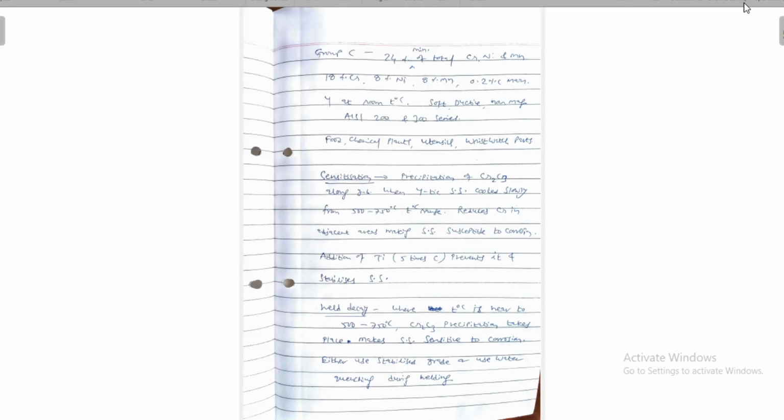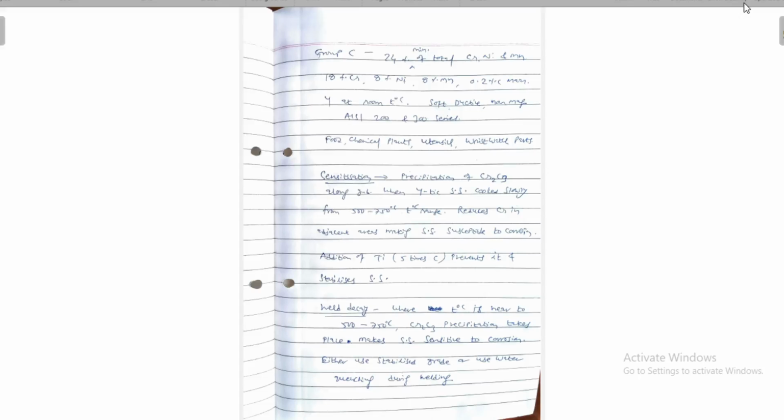So chromium content will not fall below the critical level required to have the stainless property. So this is known as stabilized grade of stainless steel. If a small amount of titanium is also present along with chromium, nickel and manganese, then it is known as stabilized grade of stainless steel, and this treatment is known as stabilization.